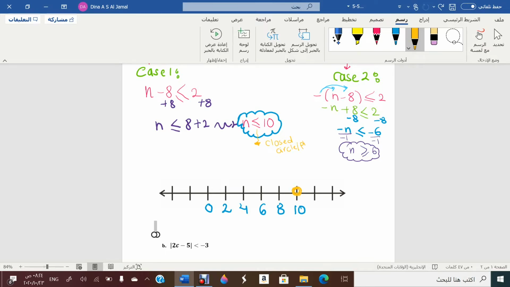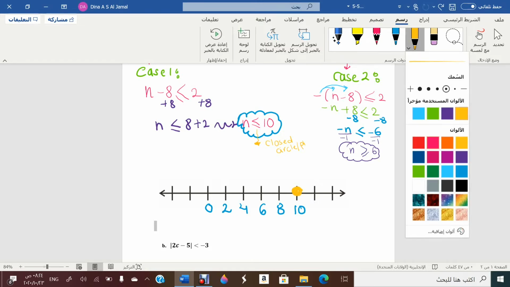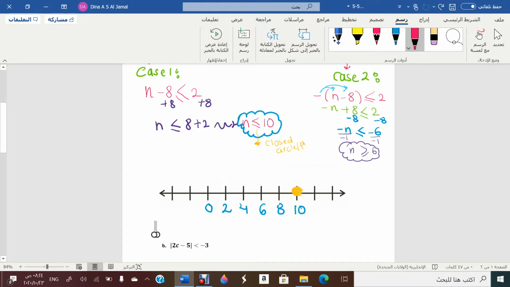So draw closed one. Then ask yourself, what are the numbers less than 10? Is it to the right or to the left? So think of it. It is to the left. So highlight all the numbers that apply on this solution.